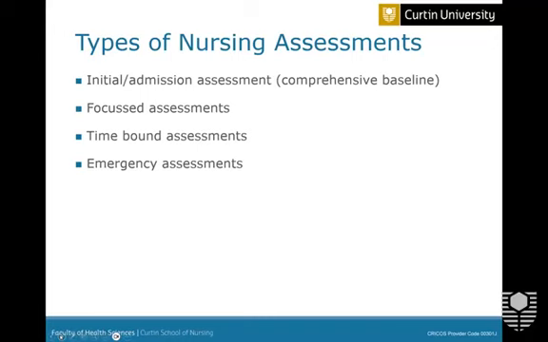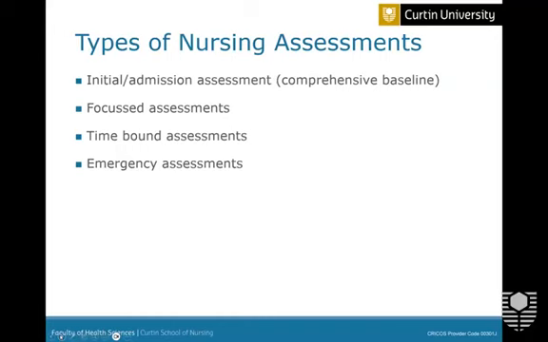Now, there are a variety of types of nursing assessments done, and that is an initial or an admission assessment, and what this does is provide a comprehensive baseline of that patient's history: social, psychosocial, medical and surgical history and family history.